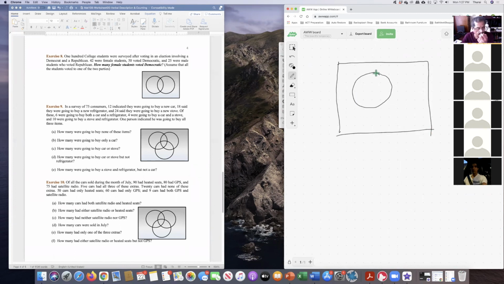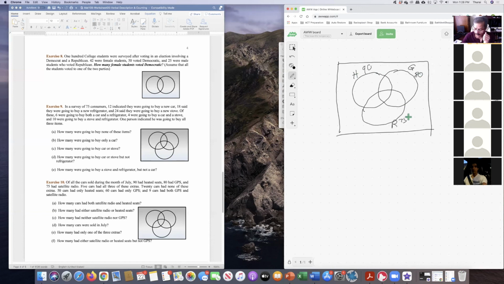It says 90 have heated seats, 80 have GPS, and 75 have radio. And then it says 20 cars have none of the extras.